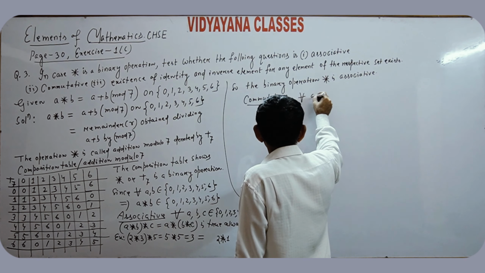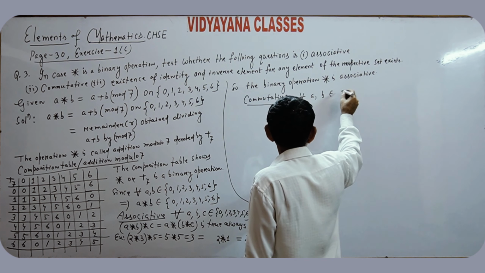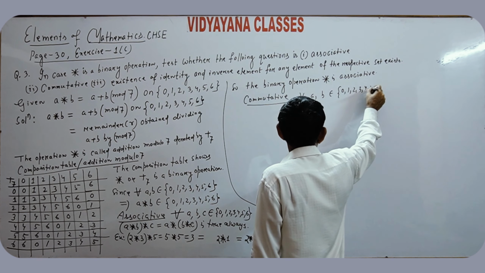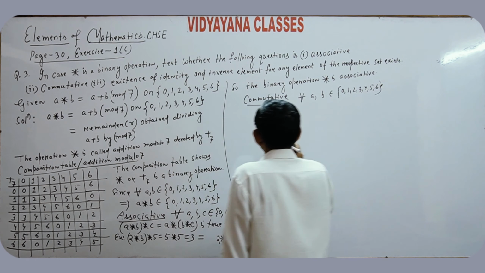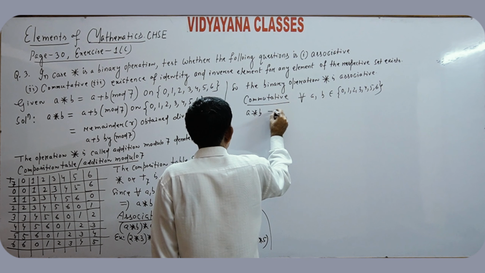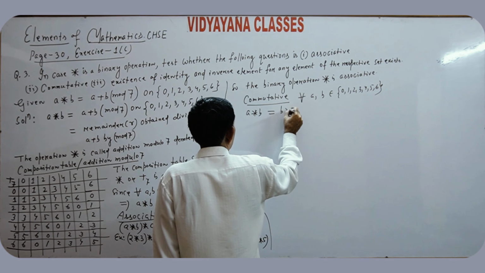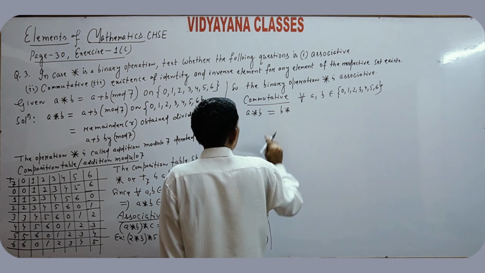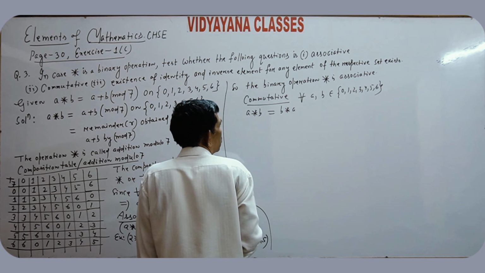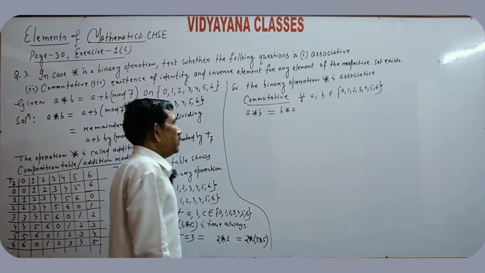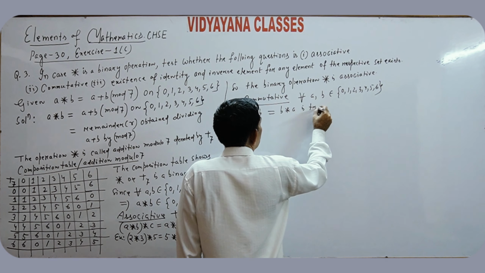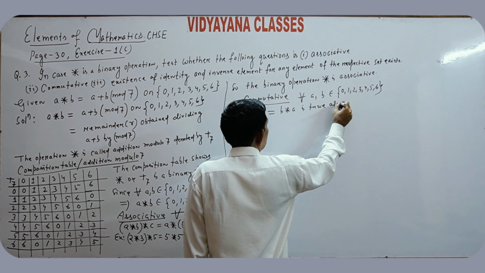For all A and B belongs to the set of 0, 1, 2, 3, 4, 5, 6, A star B is the same as B star A. Is A star B equal to B star A true always? True always.